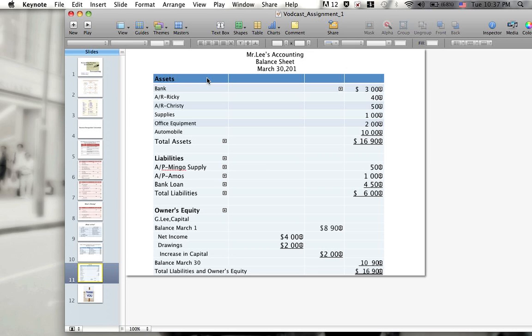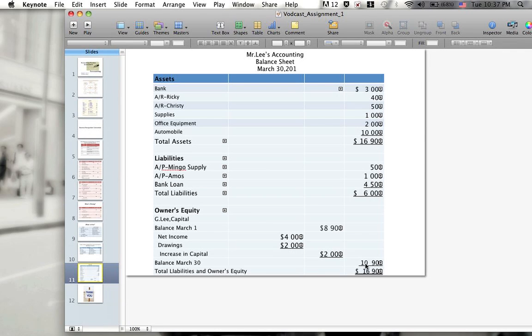For this balance sheet, the assets section is placed on top of the liabilities and the owner's equity instead of beside them. The net income is greater than the drawings by 200. So Mr. Lee's claim on assets increased to 10,900.